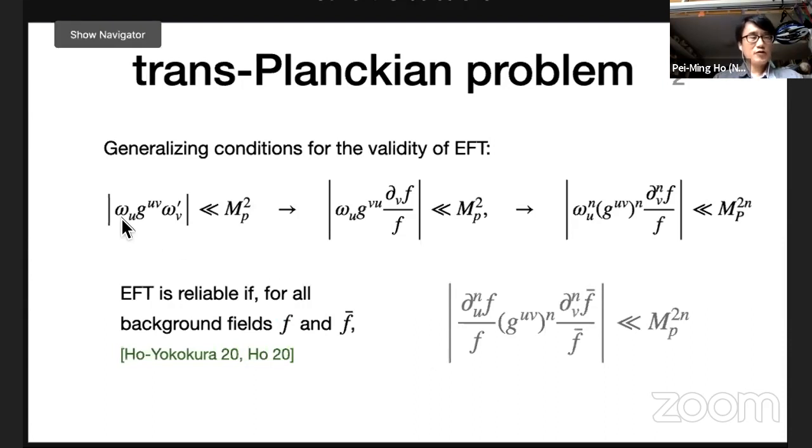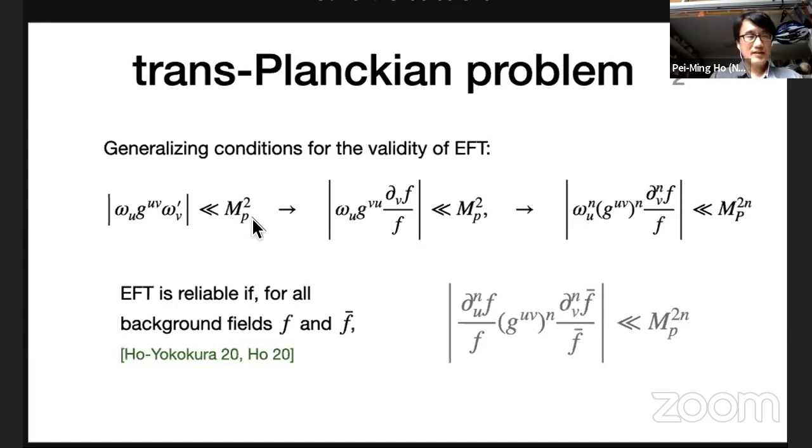So if you have two particles, one outgoing, one ingoing, of frequency omega u and omega v prime, then you want this quantity on the left-hand side to be much smaller than the Planck mass squared to justify the use of effective field theory.